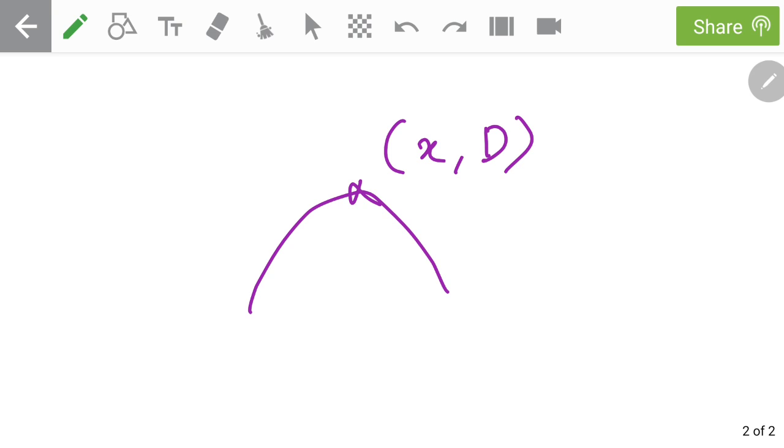So I'm going to give you an example, maybe two examples, and show you how we do this. So let's try y equals x squared plus 7x plus 10.